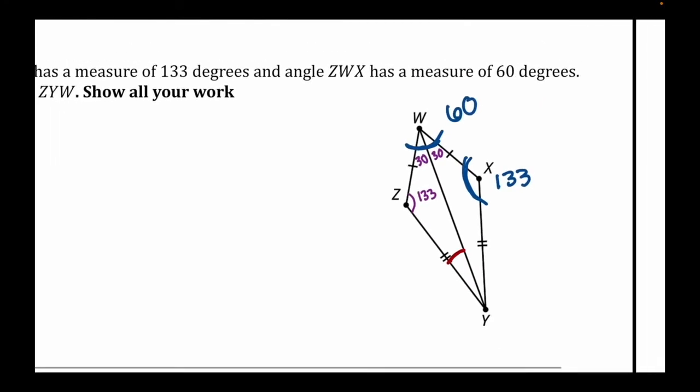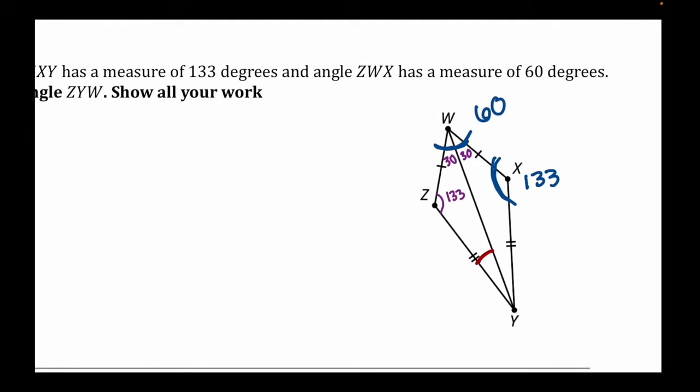And the last piece of information I'm going to use is that a whole triangle adds up to 180 degrees. So we can say 30 plus 133 plus our red angle here, angle, and this was ZYW, I can say that is 180 degrees. I'm going to subtract both of those things here.